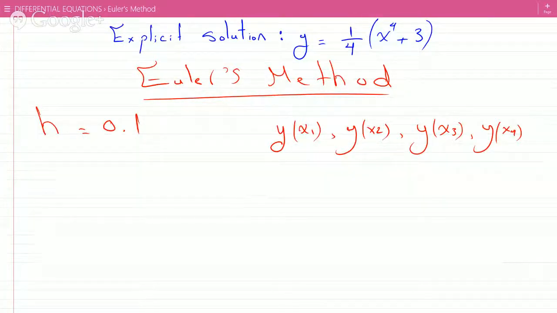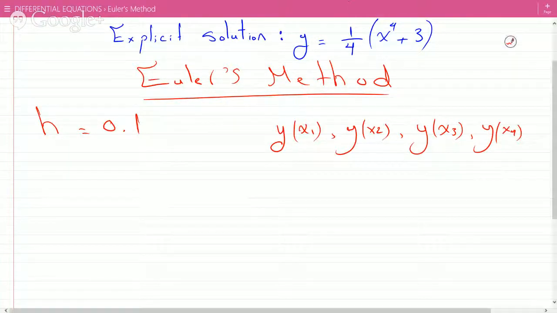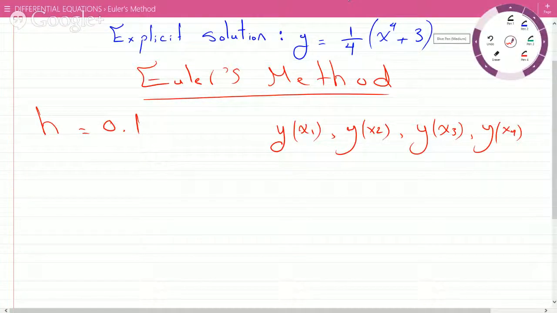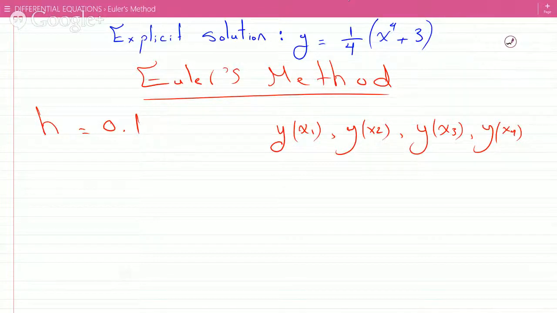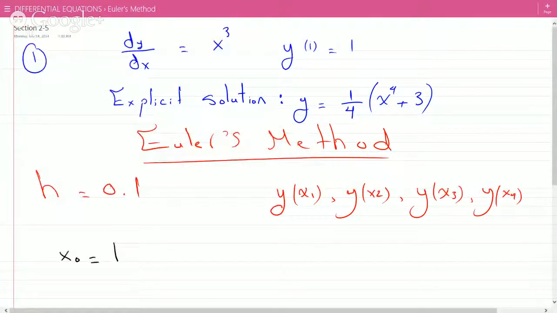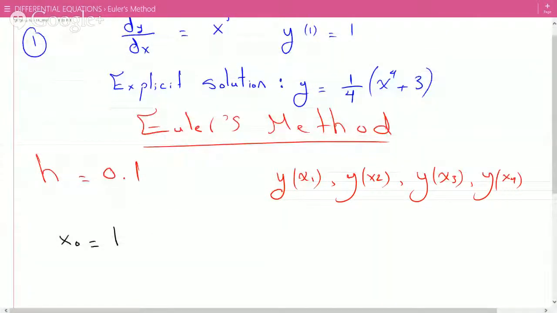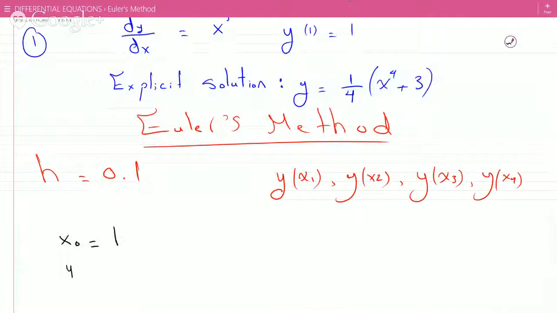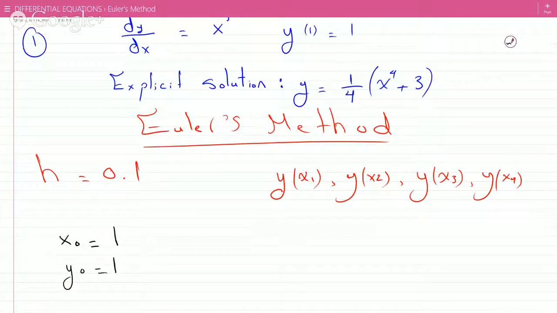Okay, so I don't know if you remember, I showed you yesterday how we start this. So x0 equals 1 because the initial point is 1. And y0 equals 1 because he said y of 1 equals 1. And then we use the Euler's formula, right?